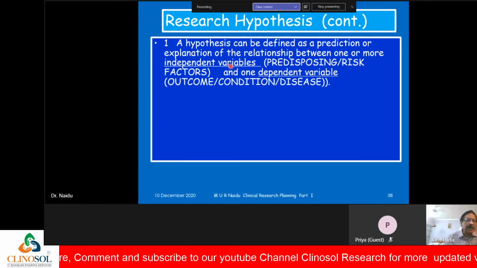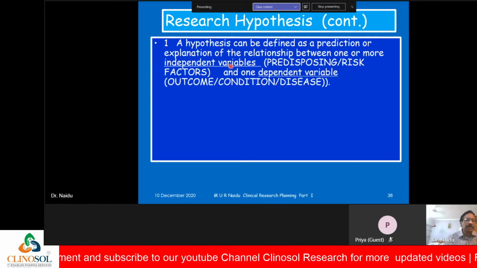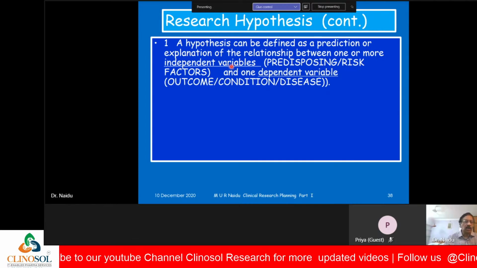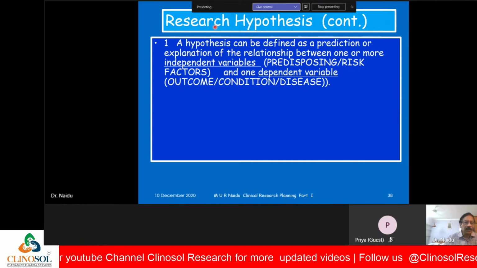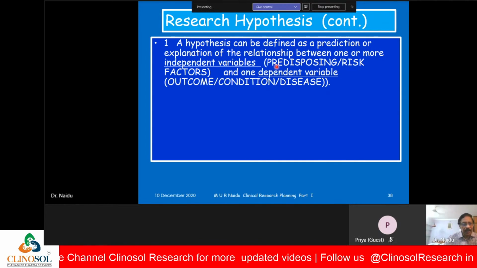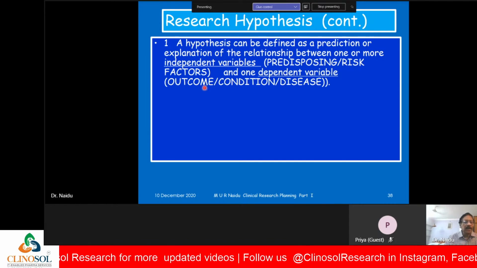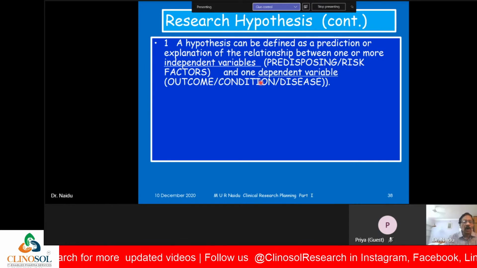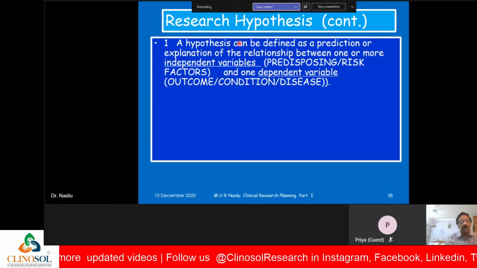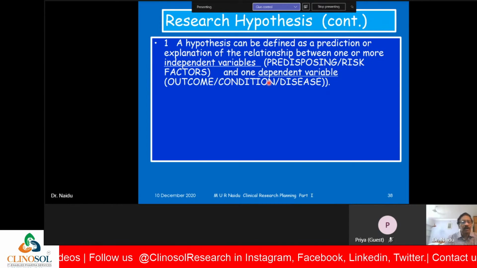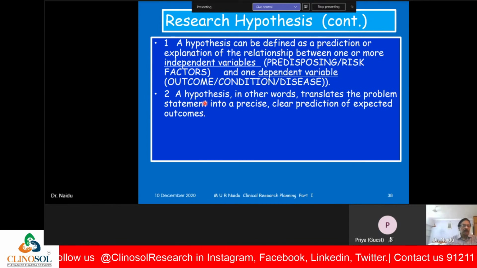I will do serum calcium and find out if the serum calcium is high, whether there are more kidney stones. So from the hypothesis, I have converted it into my research hypothesis and now go for a dependent variable to find out the outcome or condition of a disease. So from hypothesis, I went into my research hypothesis to confirm my objective.